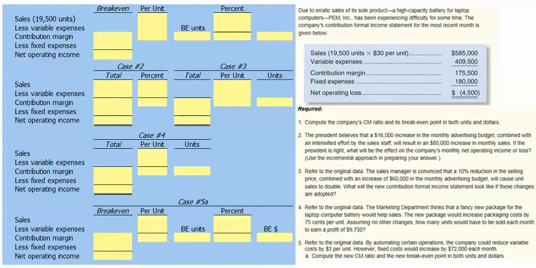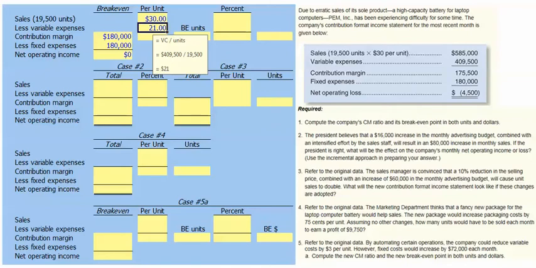The first requirement is to compute the company's contribution margin ratio and its break-even point in both units and dollars. Recall, our break-even point is where our net operating income is zero. We're told PEM's fixed expenses are $180,000 per month, which means to achieve break-even, we need a total contribution margin of $180,000. On a per-unit basis, our selling price is given as $30, and we can calculate our variable expense per unit as $21.